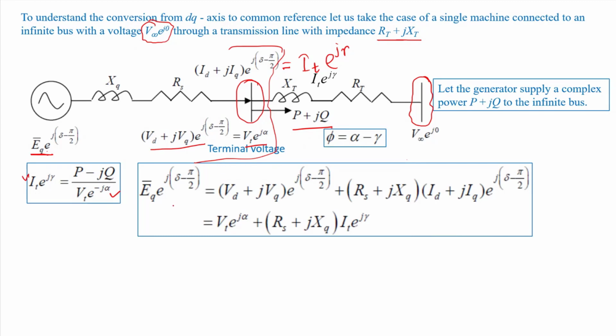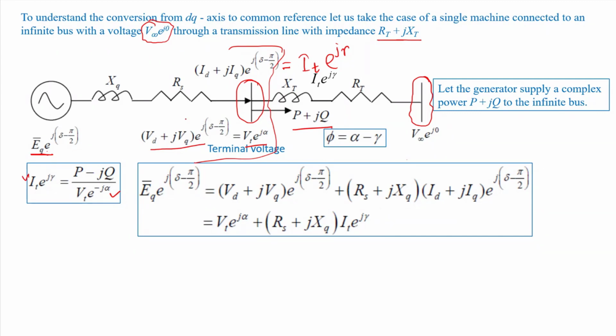Okay. So now if you write the equation for the internal voltage, how can I write it? I can write it in terms of terminal voltage plus current into the network parameters, right?